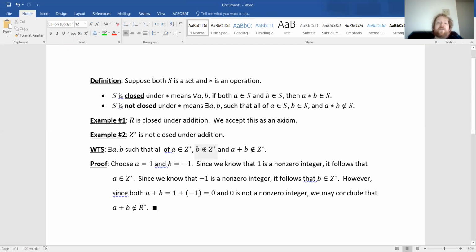Our third sentence is to argue why B is in Z star. And our fourth sentence is to argue why A plus B is not in Z star. I cannot stress this enough. Memorize the definitions, because the definitions provide roadmaps to how you need to write the proofs. More to follow.